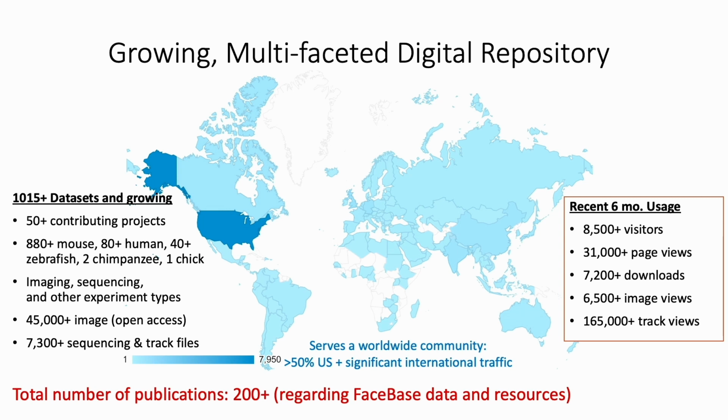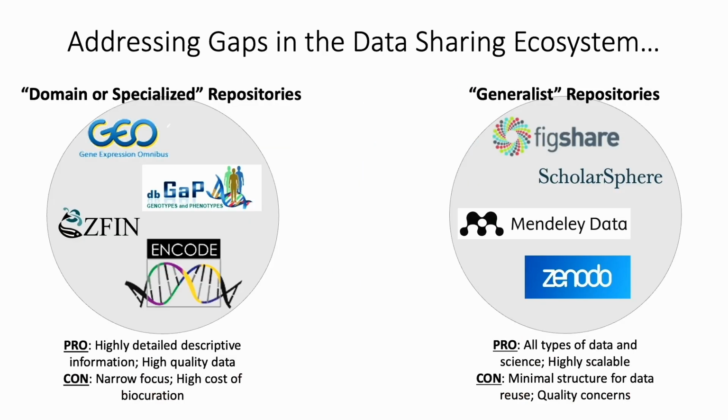We also have human data, like 3D facial variation and GWAS data, and also data from zebrafish, chimpanzees, and also chick data. So here is a snapshot of the last 6 months, how many people have visited FaceBase, and then how many people have downloaded data from FaceBase for their use in research.